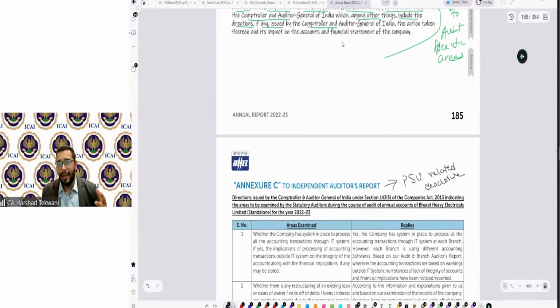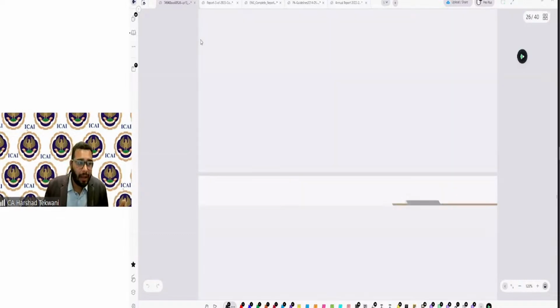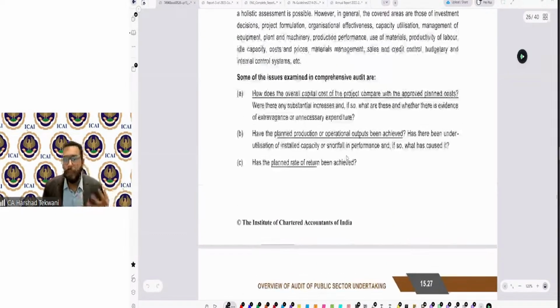I'm trying to cover as much as possible with practical examples. This has to be supplemented with reading. Whatever I'm explaining practically, you have to go and read the study material in detail. Only practical will not help you out.